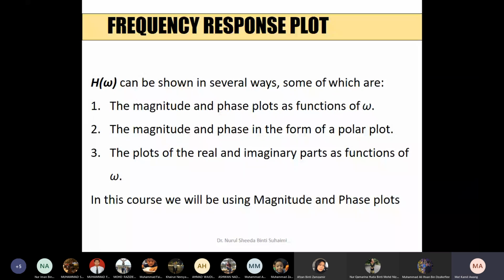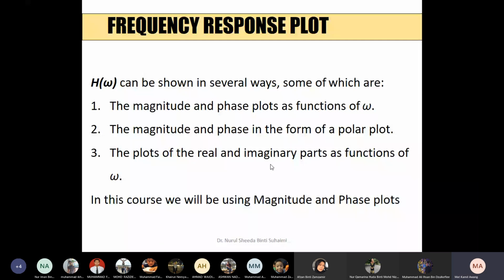Frequency response plot. Okay. So for the frequency response plot, H of omega can be shown in several ways, some of which are magnitude and phase plot as a function of omega.